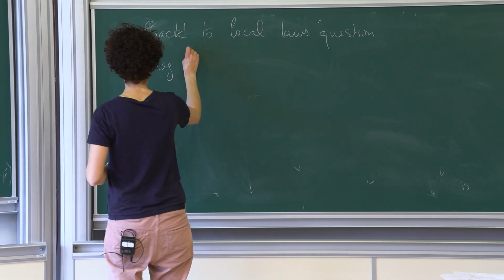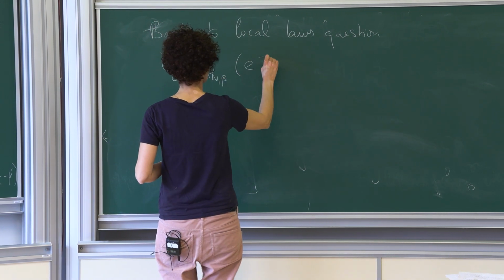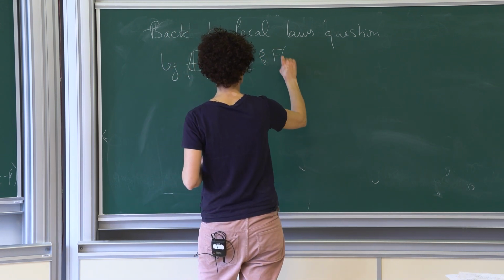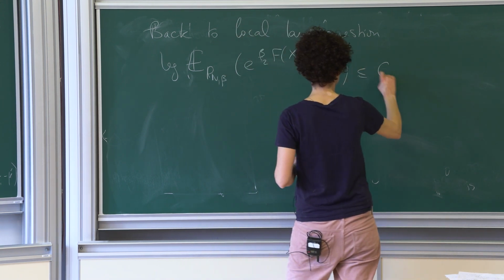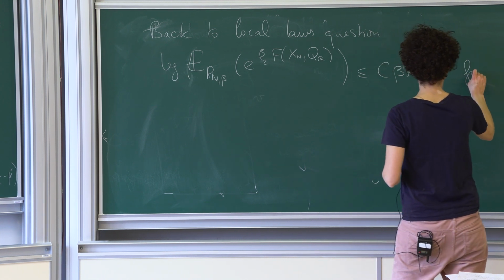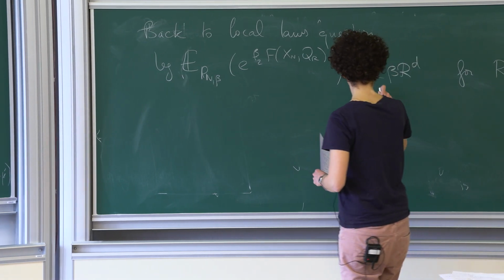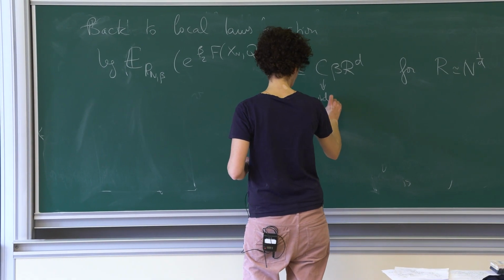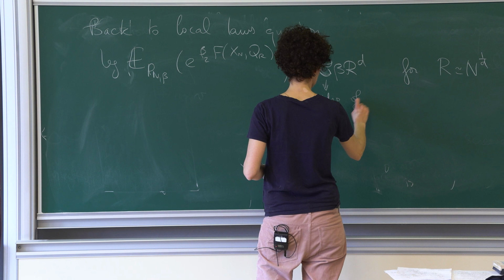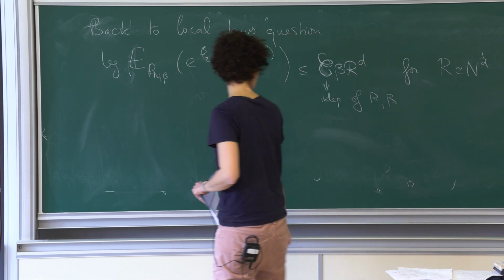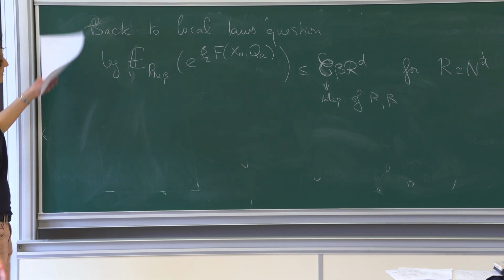I know that this is true, with beta over 2, so this is true for R of order n^(1/d). And C, I point out, is independent. So this C is very important. We can call it C, calligraphic C, because it's independent of beta and R. Okay, so this is true from the original bounds I gave you.